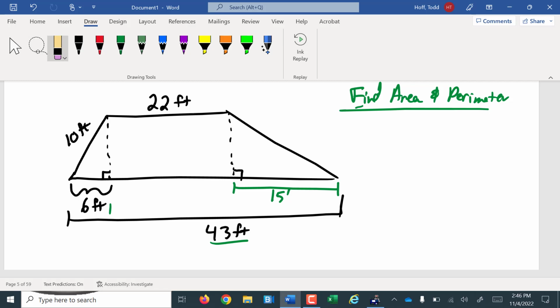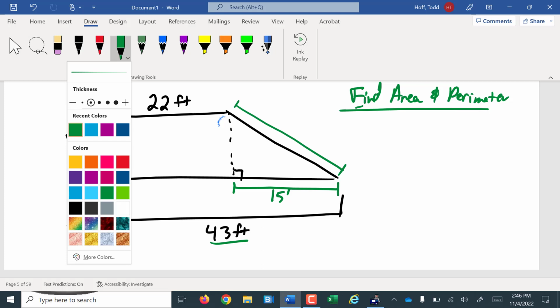I need to know this length here for perimeter, don't I? We don't have any information that's going to help us with that right now. We're trying to find one of the short sides, on the left side over here, one of the legs instead of the hypotenuse.